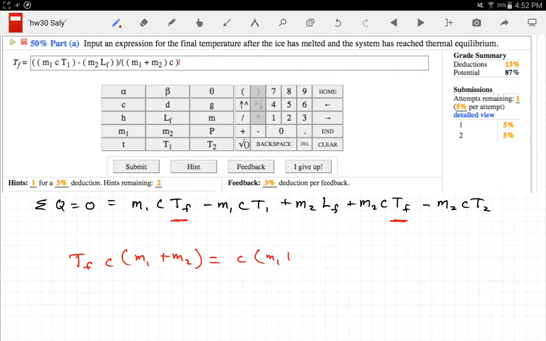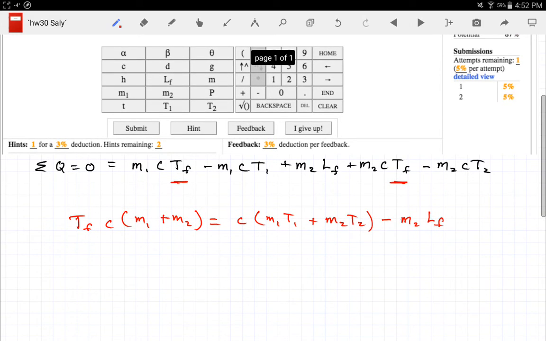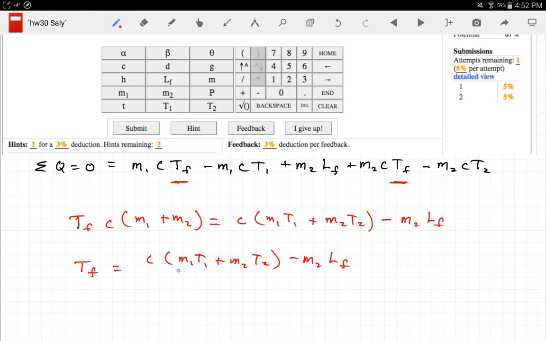C times M1 T1 plus M2 T2 minus M2 LF. And so finally for my answer, T final is equal to C times M1 T1 plus M2 T2 minus M2 LF, all divided by C times M1 plus M2.